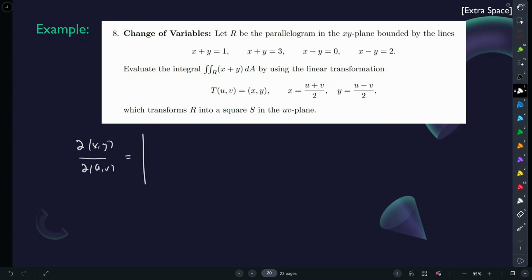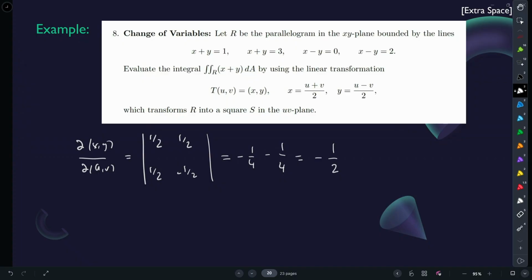And that will be the derivative of x with respect to u, which is a half, the derivative of x with respect to v, which is a half, the derivative of y with respect to u, which is a half, and with respect to v, which is minus a half, and that is minus a fourth, which is minus a half.